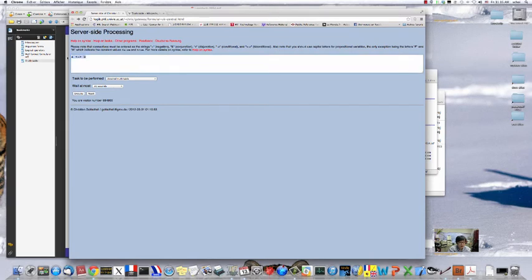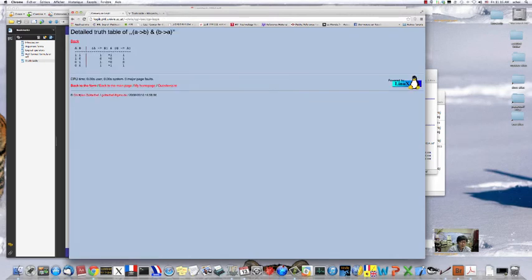Okay, and so let's try A implies B and B implies A. Let's try that. Here it is written in a more divided way. If A implies B, you will get this here.